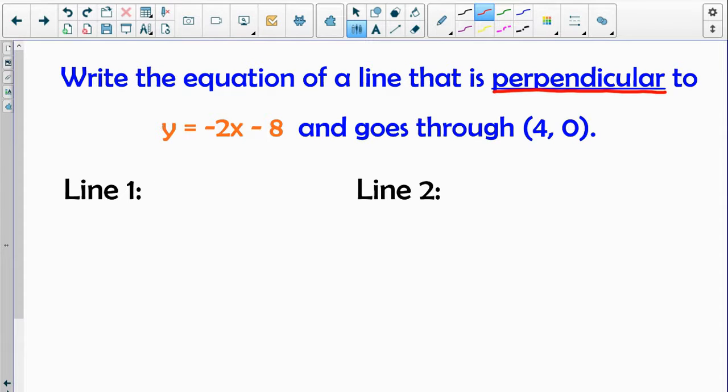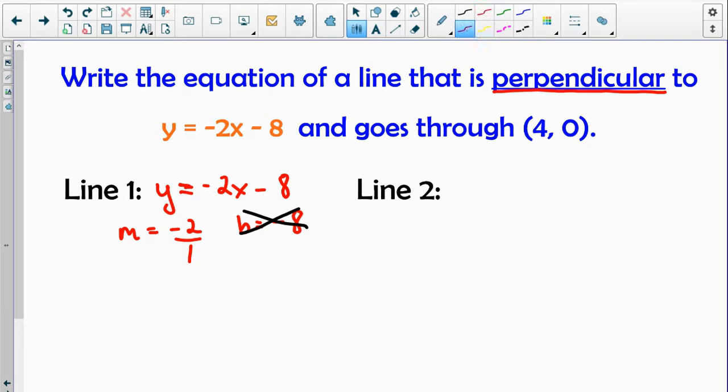So we know that this line that we're starting with, called line 1, y equals negative 2x minus 8. We know that the negative 2 is the slope of the line, and the y-intercept, again, is negative 8. We don't really care about the y-intercept, but we do care about what the slope looks like as a fraction.